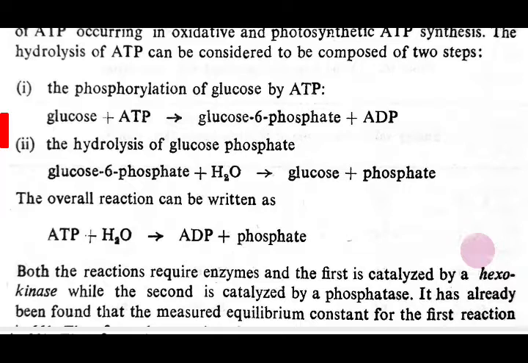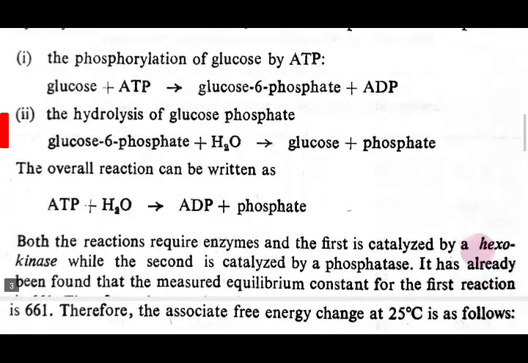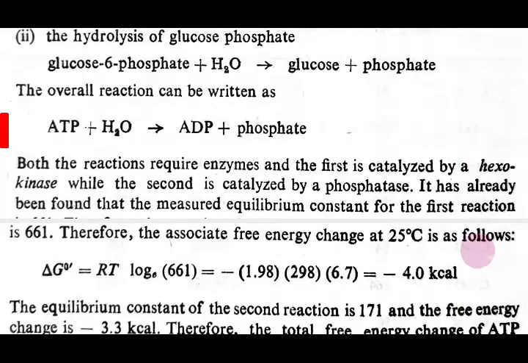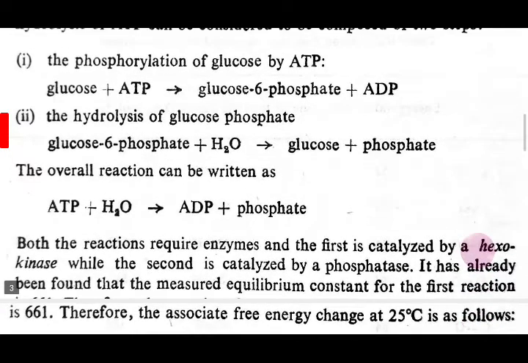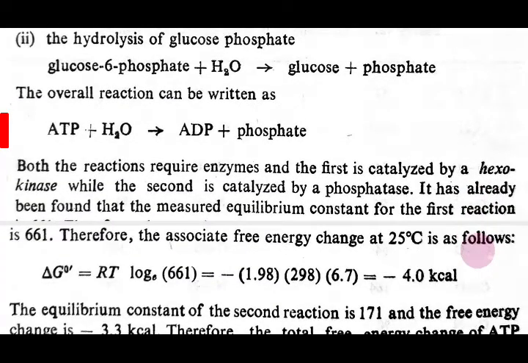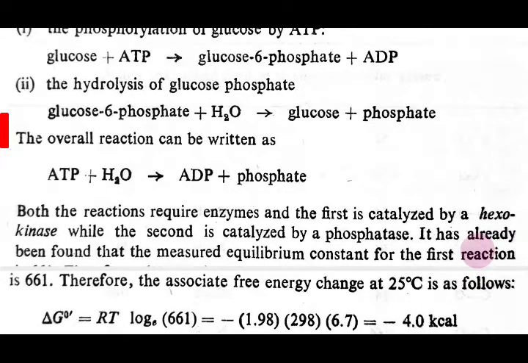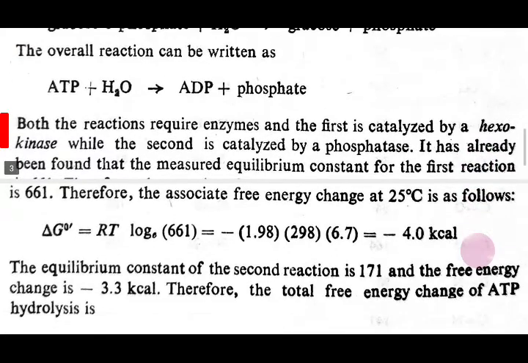Both these steps require enzymes. The first reaction is catalyzed by hexokinase, while the second is catalyzed by phosphatase. It has already been found that the measured equilibrium constant for the first reaction is 661.